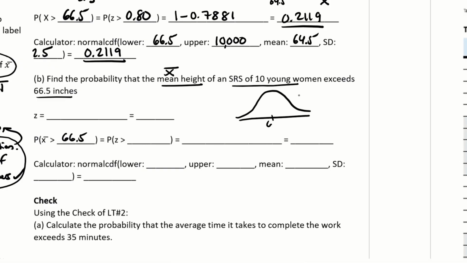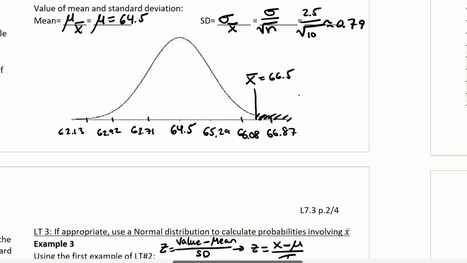It's 64.5 still here, and we want the x bar of 66.5 area to the right. The mean of this distribution was the same, 64.5. The standard deviation we calculated, sigma over square root of n, was 0.79.